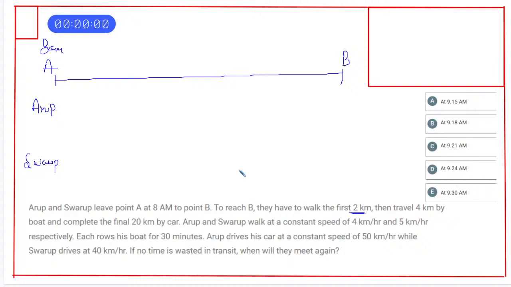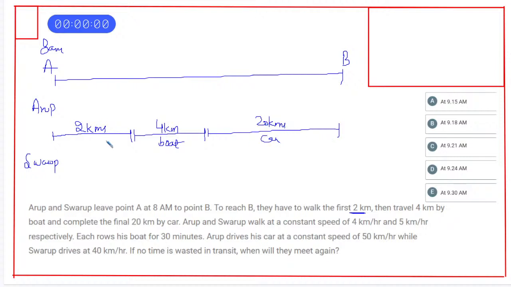First 2 kilometers they have to cover, then they will cover 4 kilometers by boat, and then the 20 kilometers by car. This is by walking. Very good, Shubham. 9:24 is the answer.